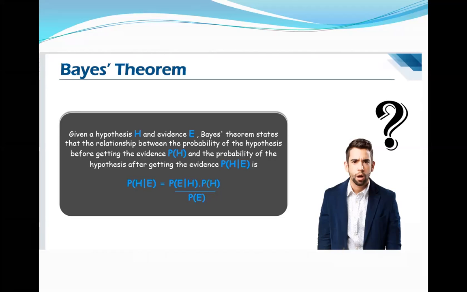The posterior probability is given by the likelihood multiplied with the prior probability and divided by the probability of evidence: P of H given E is equal to P of E given H into P of H divided by P of E. I hope you are very clear with this.